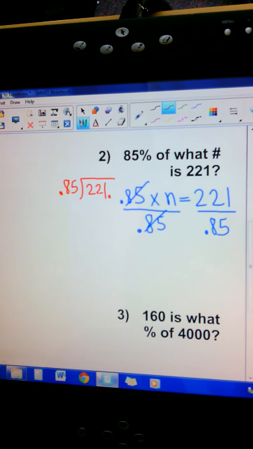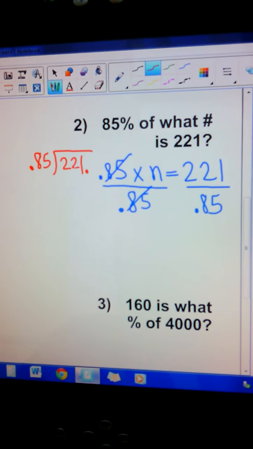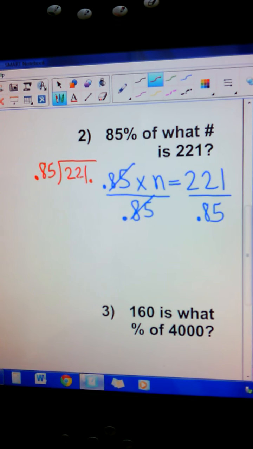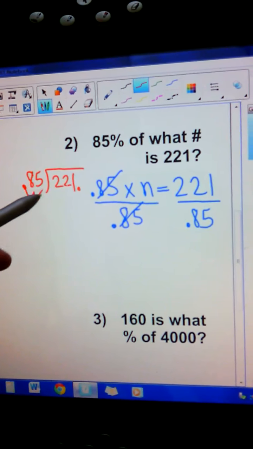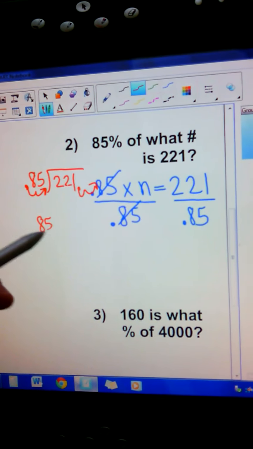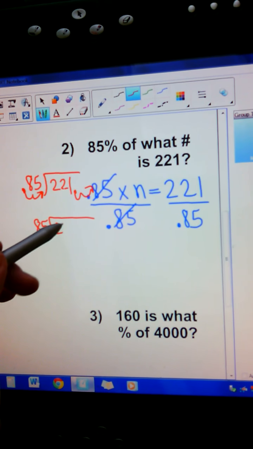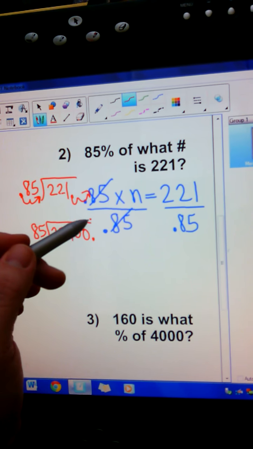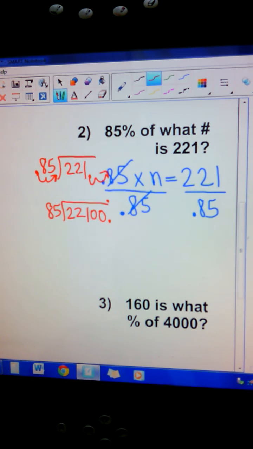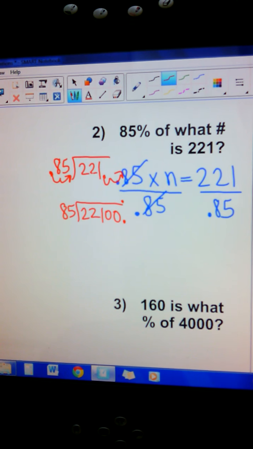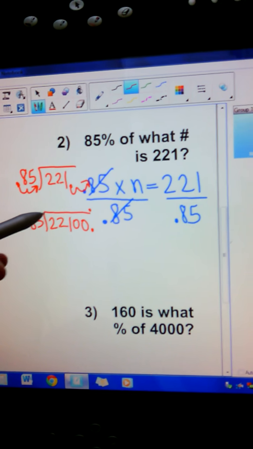Remember, you need to move each decimal point, in this case, 2 places to the right, adding 2 zeros inside. Now, we'll just divide carefully.